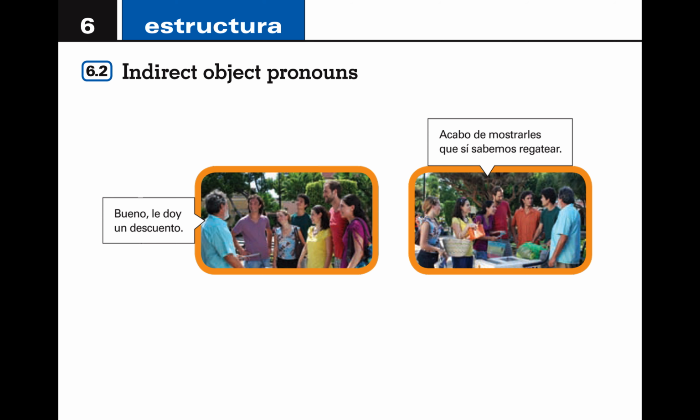Le doy un descuento. So to whom are we doing the doy un descuento? To him or her. So that's why le is being used in the singular form. So again, when you're looking at this, make sure that you're recognizing what is the verb and then to whom is the verb being done, and that's going to help you identify what's happening there.